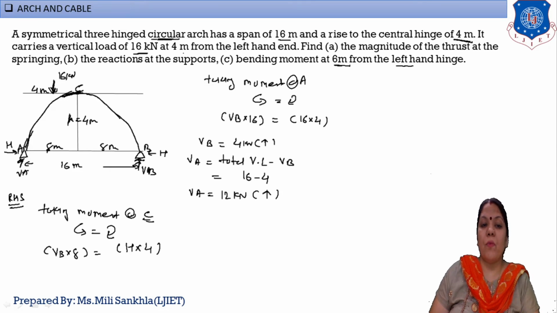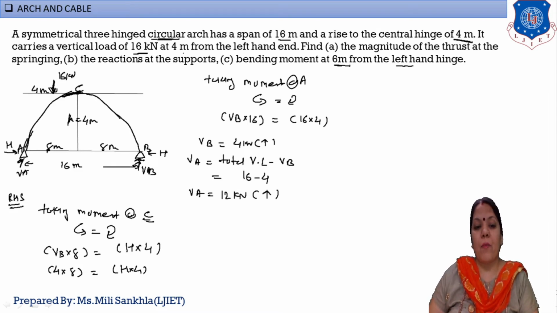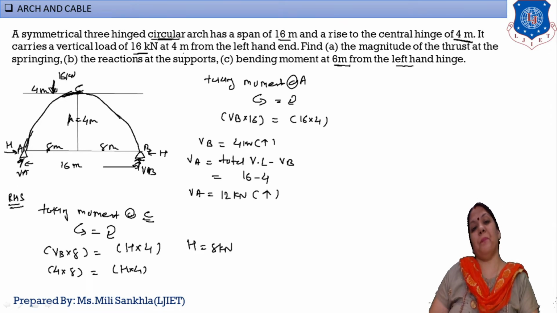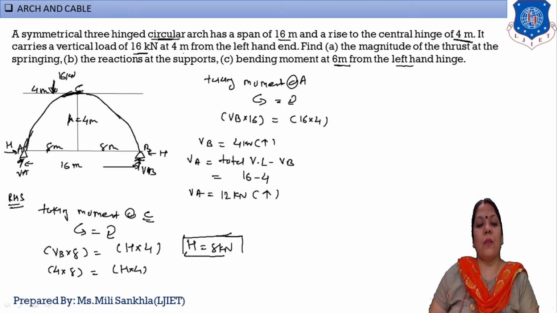Put the values: VB is 4 into 8 equals H into 4, and my value of H is equal to 8 kilonewton. Clear? Here we find out our third support reaction.